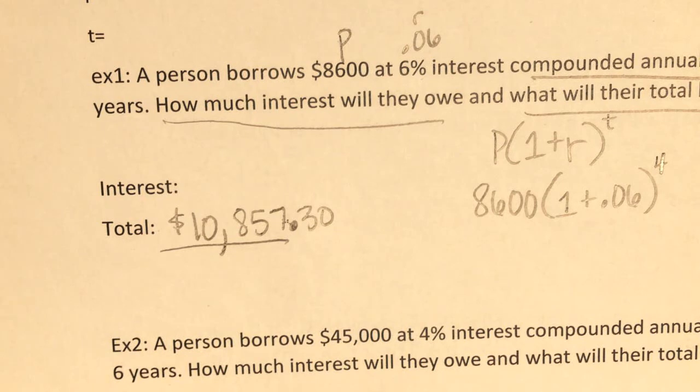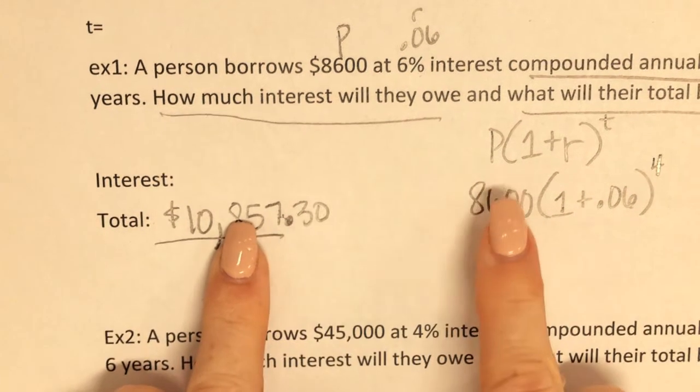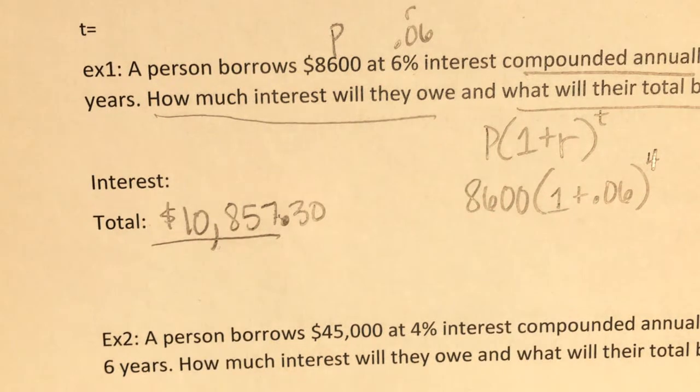Okay, let's talk about it. This formula solved for total. So I borrowed $8,600. I'm going to pay back total $10,857.30. I'm going to subtract my total from the amount that I borrowed to find out what was that fee that they put in there, right? So they're opposite formulas.